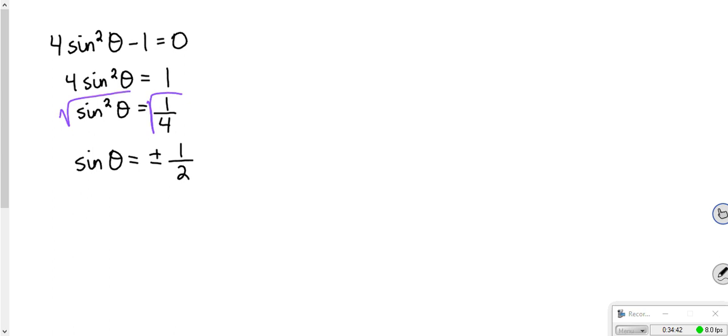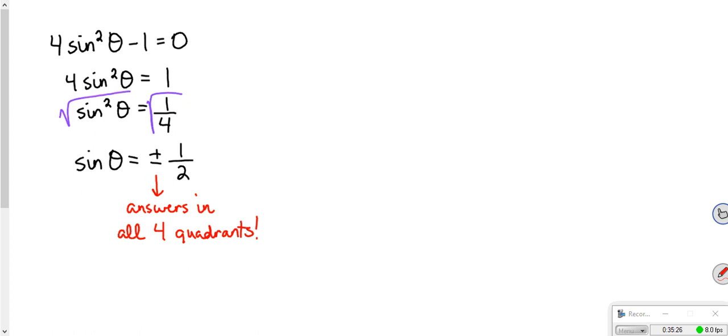Now, since it's plus minus, this is going to give us answers in all 4 quadrants. We have to be careful with that, because what we actually can do is just find the answers in the first and second quadrant, and instead of adding 2 pi k, add just pi k, so that it gives you the same thing every 180 degrees.